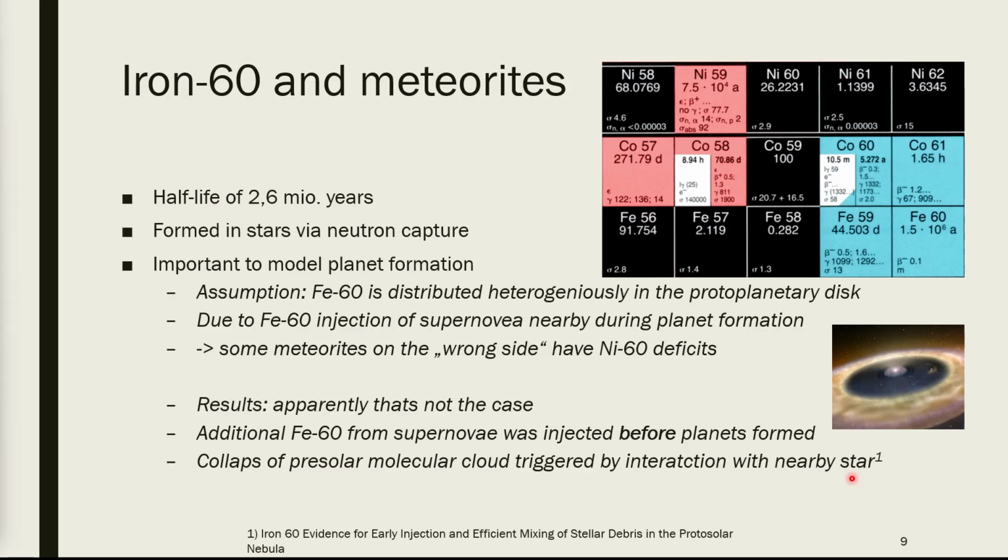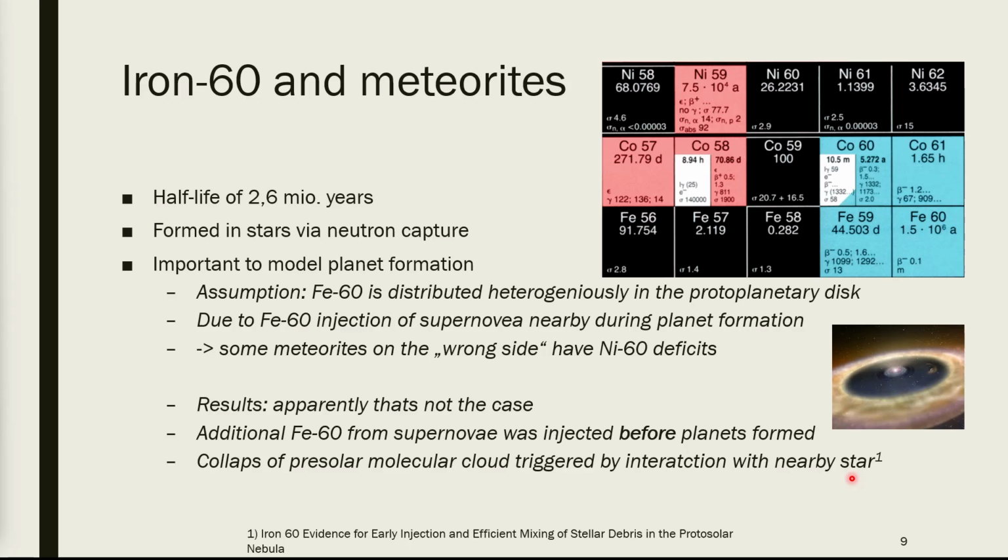So this trigger event from the supernova nearby. The protoplanetary disk was only formed because the pre-solar molecular nebula was collapsed by this supernova that also happened to inject iron-60, if that makes sense.